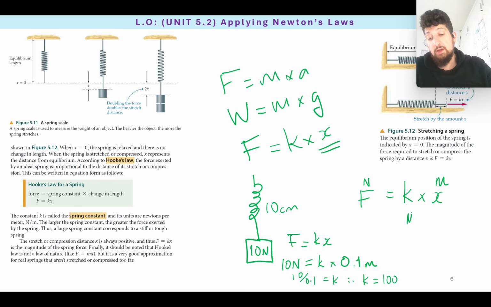How about newtons over meters? What does that do? If I multiply newtons over meters by meters, then these two cancel out, and I'm left with newtons, which works out. So the unit for K is newtons per meter, which makes sense.